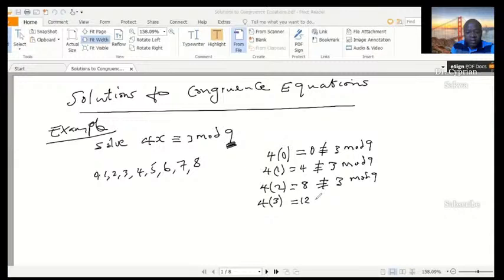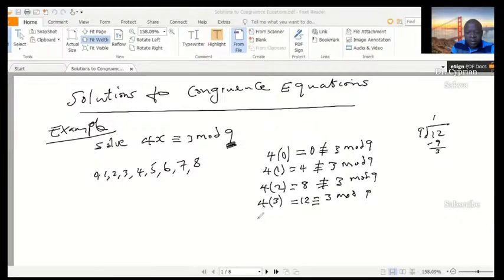So the remainder is 3. If 9 goes into 12 once, the remainder is 3. And that's what we wanted. So this is congruent to 3 mod 9.